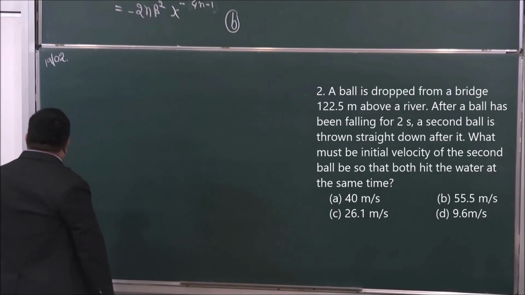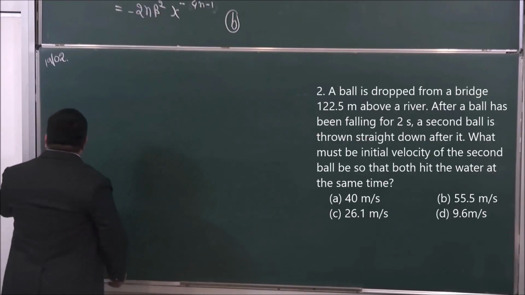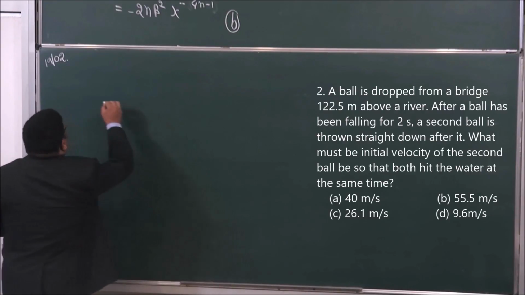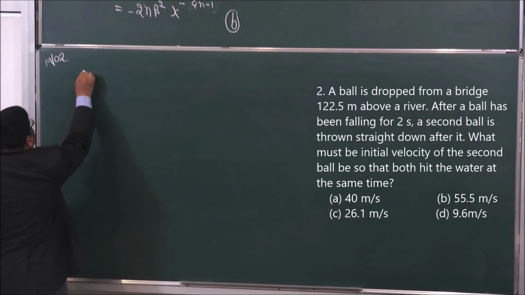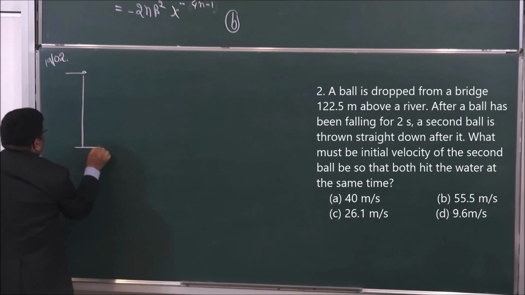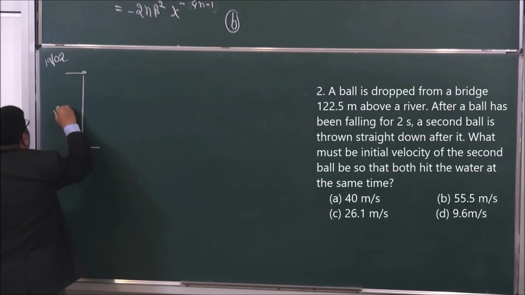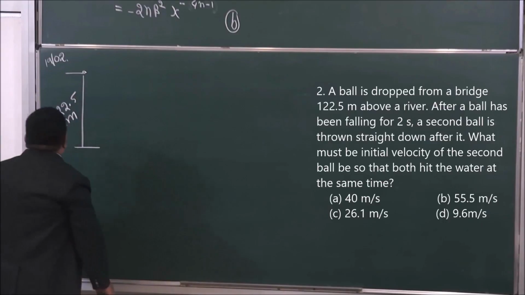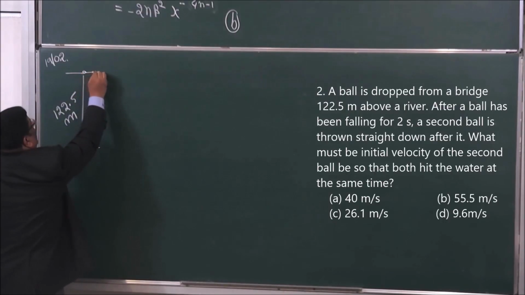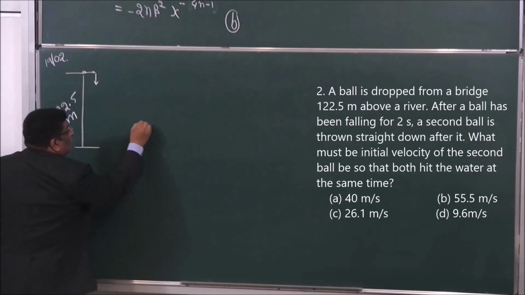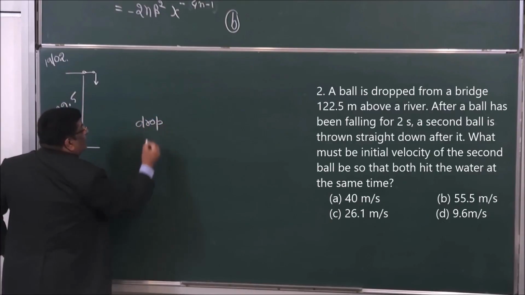There is a bridge which has a height of 122.5 meter. From here we drop the ball. One ball is dropped from here. When we use the word drop, what do we get?